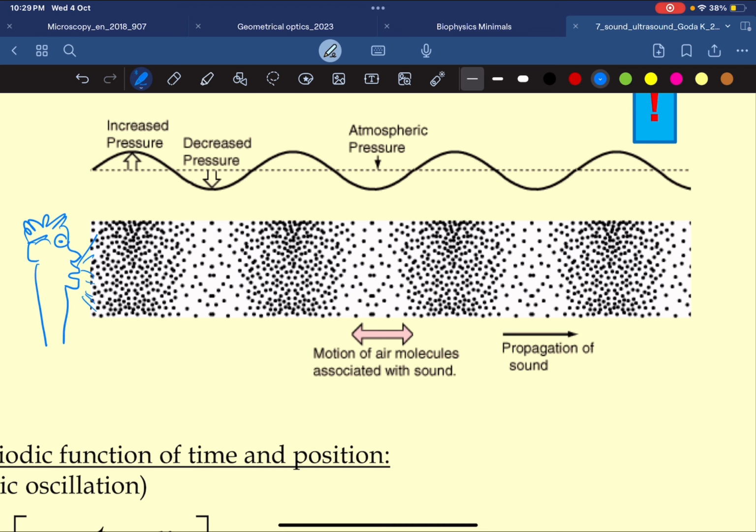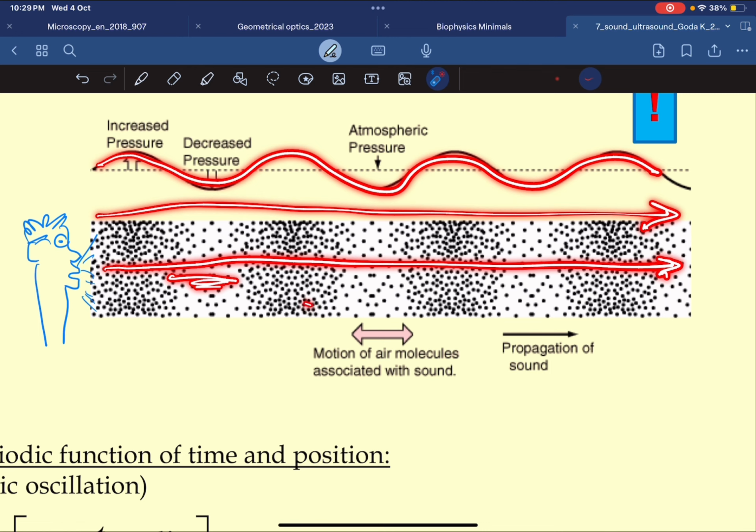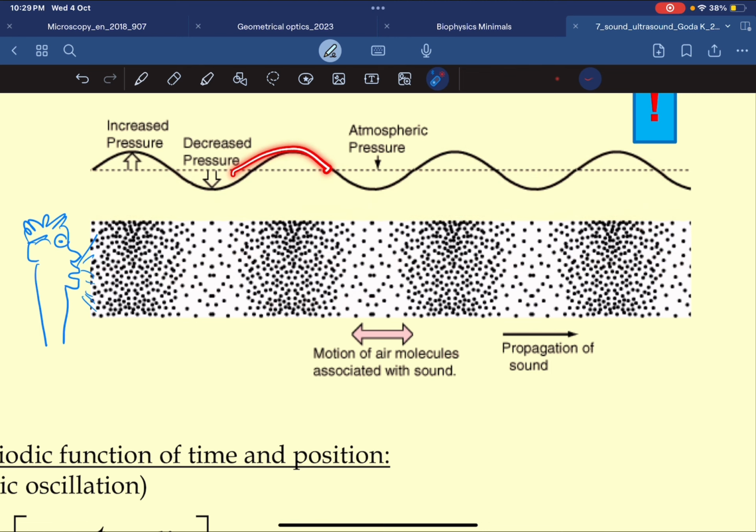So this is what happens in the air. The particles compress, rarefact, but they still remain in the same place. They don't move here and there. They just vibrate, and then the sound travels this way, and the wave also travels this way. It's not actually a wave like this, but it's this compression and rarefaction, and it's mapped out as a wave.